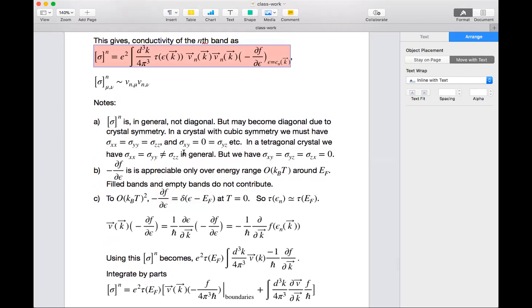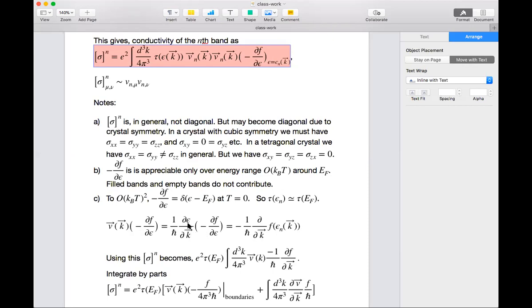of this k integral, and the remaining terms, you have one v, another v, and del f del epsilon. So one factor of v and del f del epsilon is being written in this way. So v is of course 1 over h cross del epsilon del k. Then you have del f del epsilon.